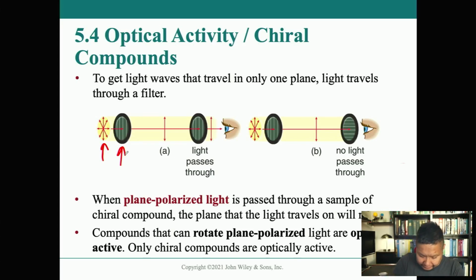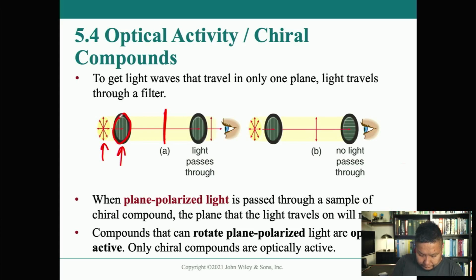So the only thing that can pass through is the light that's going up and down, vertically. The one that was going diagonally can't go through. The one that was going horizontally can't go through. The one that was going the other diagonal, downwards, can't go through. When you have a filter that only has slits that are vertical, only vertical light can go through, right?